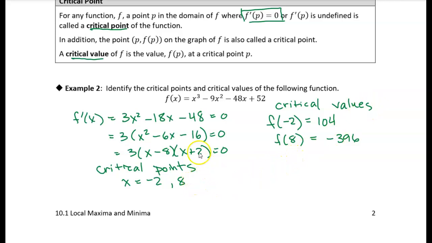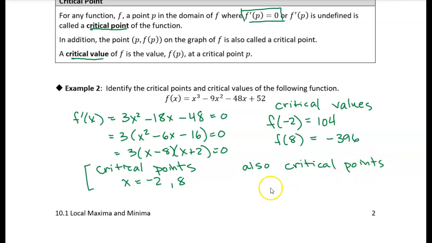Now, critical points are most oftentimes referred to as just the x-coordinate, but you can also refer to critical points by the coordinates of the point, right?